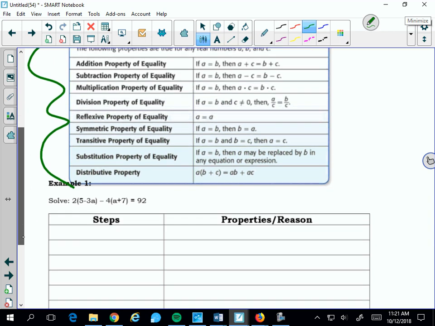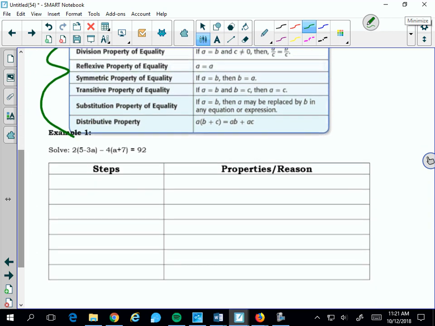The way that we are using these is to take some things that maybe are kind of second nature to us, like this, where we would solve for a, and pinpoint a reason for why I am doing what I'm doing. So again, I'm not going to read all of those properties to you, but we are going to refer back to them relatively often.